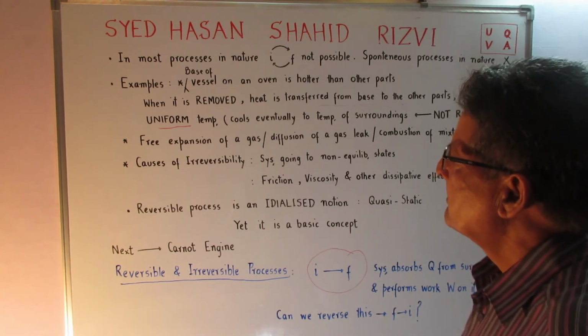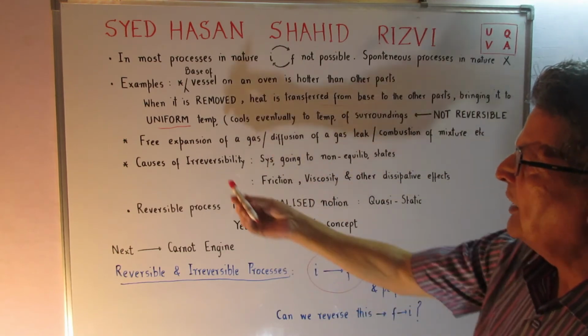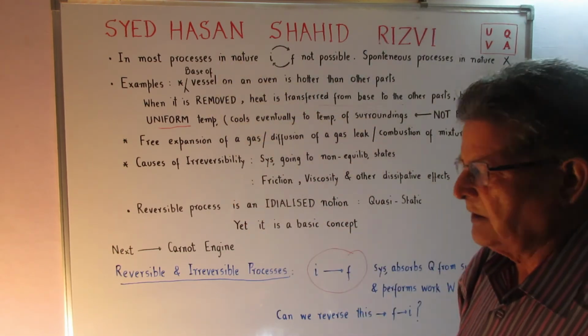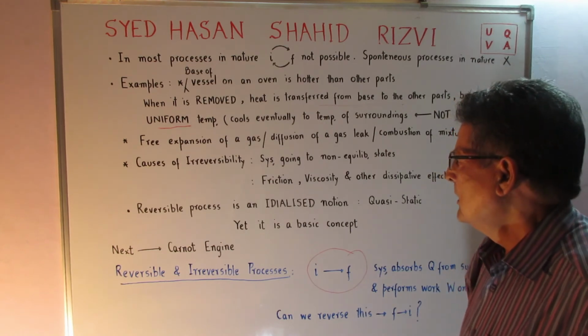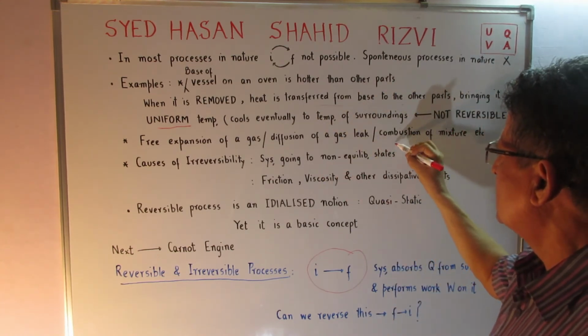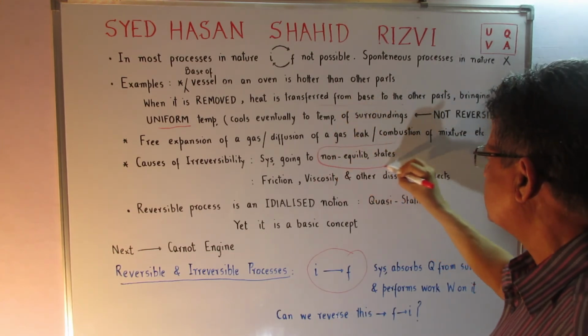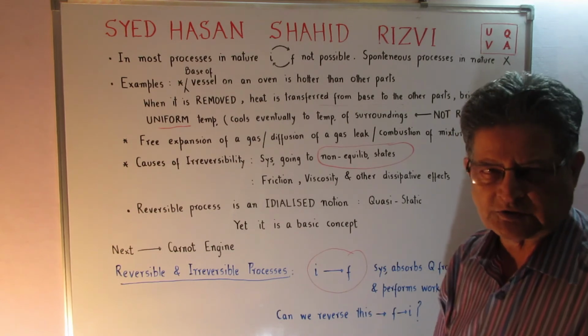Let us see what the causes of irreversibility are. Why are things irreversible? One is that systems go to non-equilibrium states, and therefore there are losses.